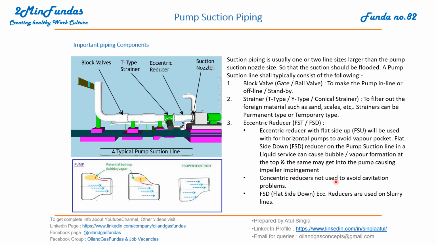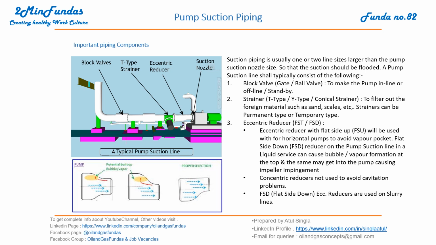Concentric reducers are not used, to avoid the cavitation problem. We are not using concentric reducers at the pump nozzle. Flat side down, we can use only for slurry lines. Otherwise, we go ahead with this configuration. We have already discussed the concept of cavitation, so I'm not going into detail.